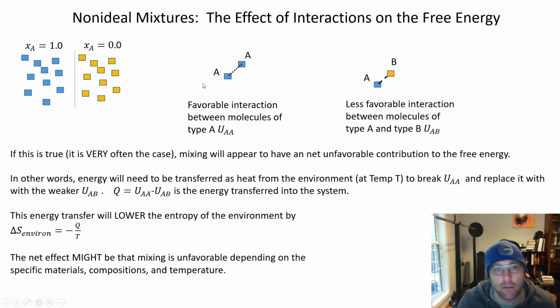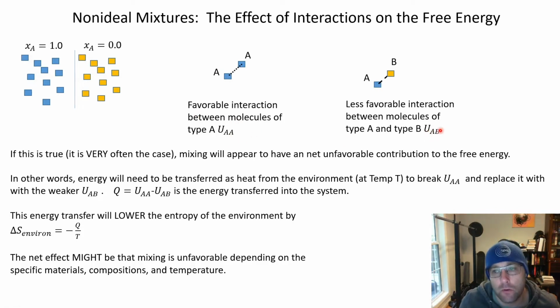So then the idea is that if we made a mixture, we would be creating a lot of circumstances where instead of having an A to A interaction, you would replace it with an A to B interaction. And the assertion is that in many, many cases, this interaction between A and B is less favorable than between A and A. So we start with a potential energy of interaction between A and A, which is U sub AA here.